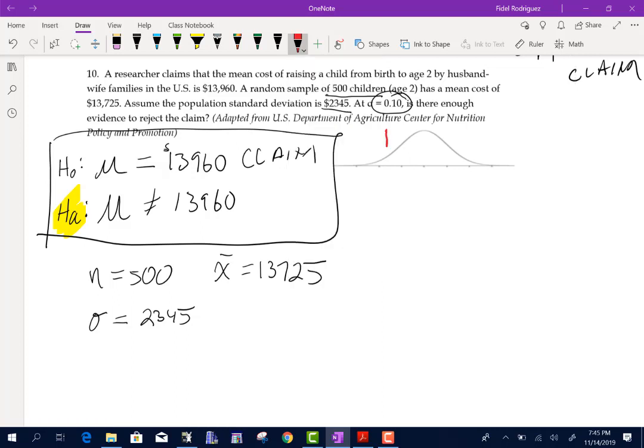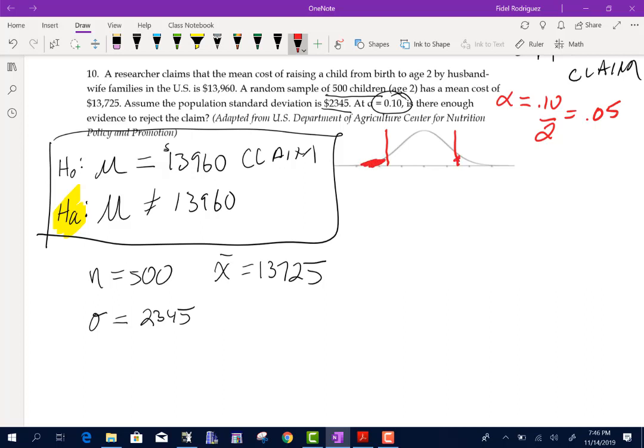So we're going to find two values, right? One of them is going to be negative, the other one's going to be positive. Now, when we have a two-tailed test, we have to take our alpha, which was 0.10, and divide it by 2. So what's half of a dime? A nickel, right.